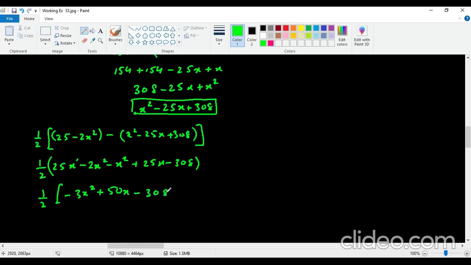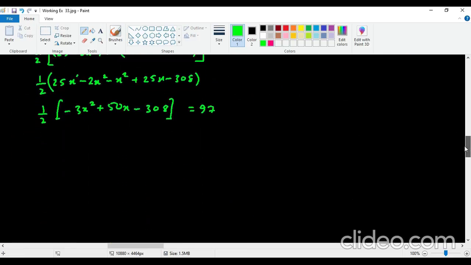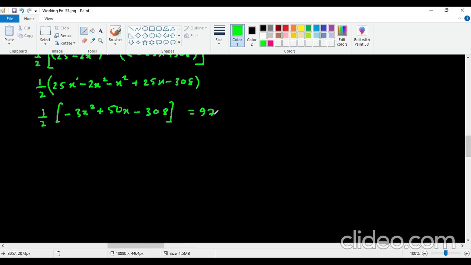Now we know very well that this is equal to 97, which is given in the question itself. You can see here. Now this 2 is going to go to the other side and multiply by 97. So this gives us minus 3x square plus 50x minus 308, and this becomes 194.